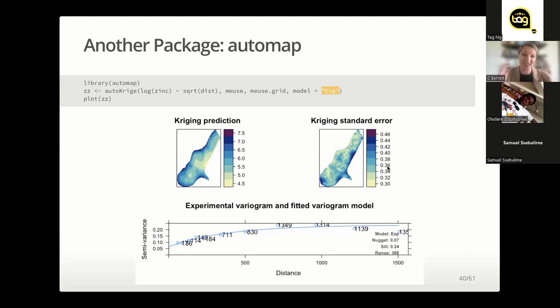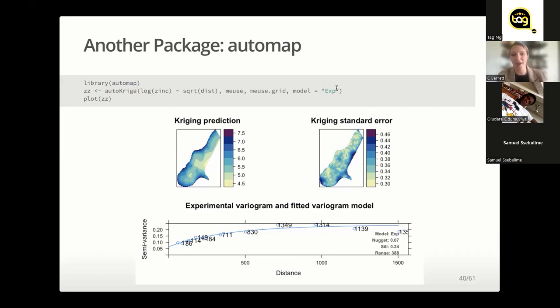So that's a nice sanity check that what we did here matches up a little bit. Now, the uncertainty won't match exactly because we used the Matern for the gstat method before, and now we're using exponential, and Matern isn't an option in this autoKrige.